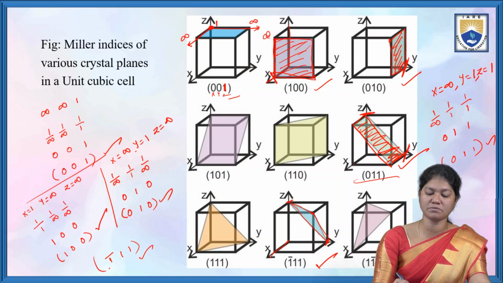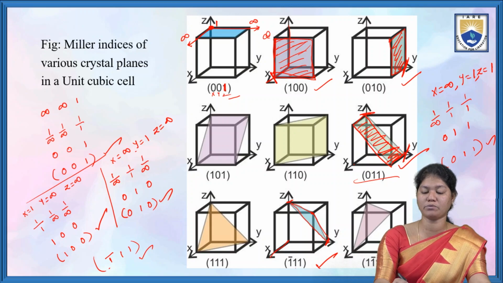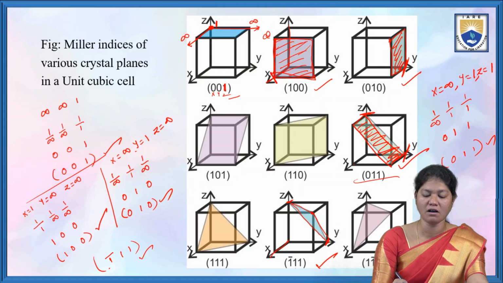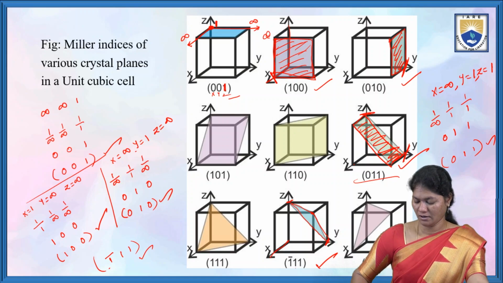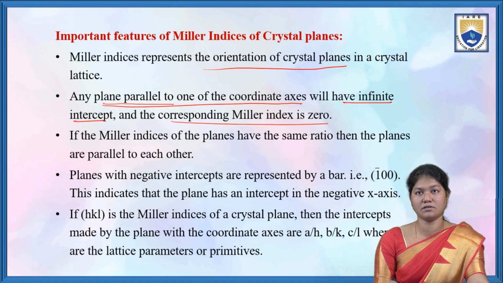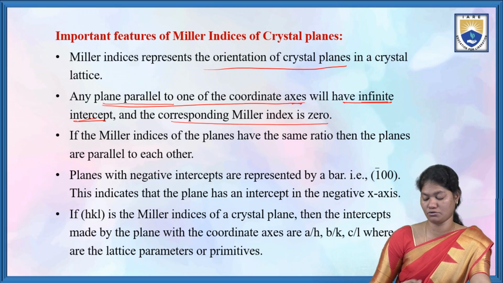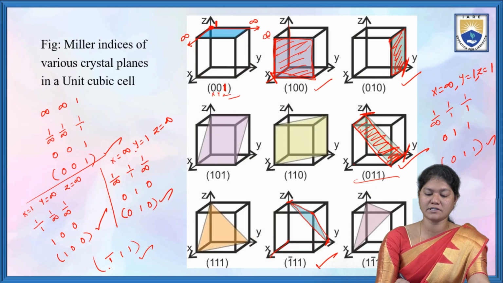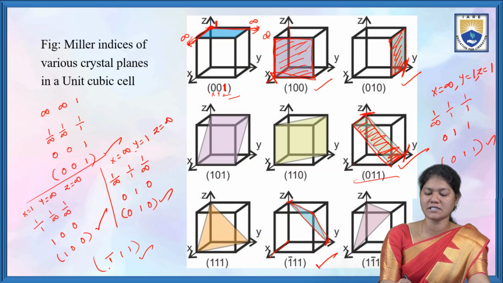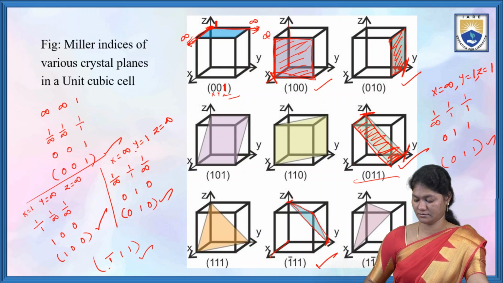But here the interception for z, because it is a cube, I am taking 1, because all the dimensions in a cube are the same. So any plane parallel to the coordinate axis will have infinite intercepts. The intercept is infinite on the x-axis, infinite on the y-axis, and on the z-axis the intercept is 1.